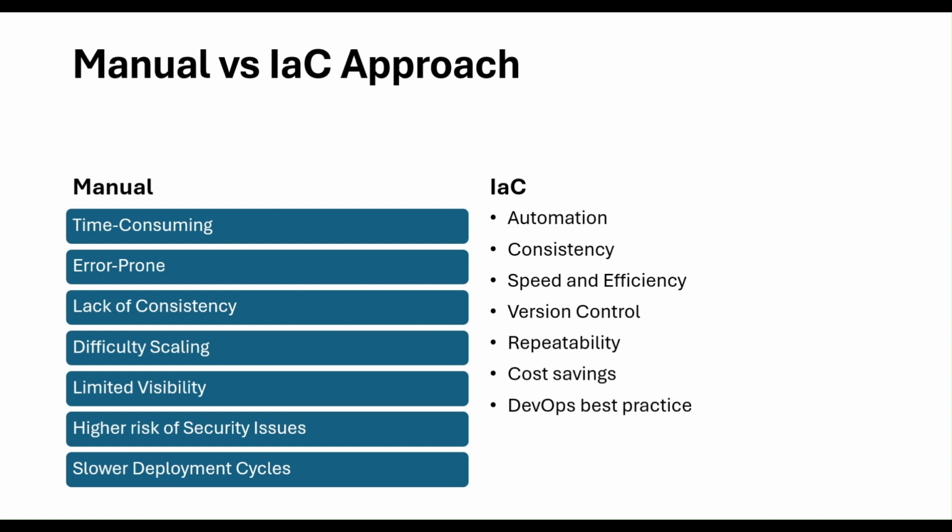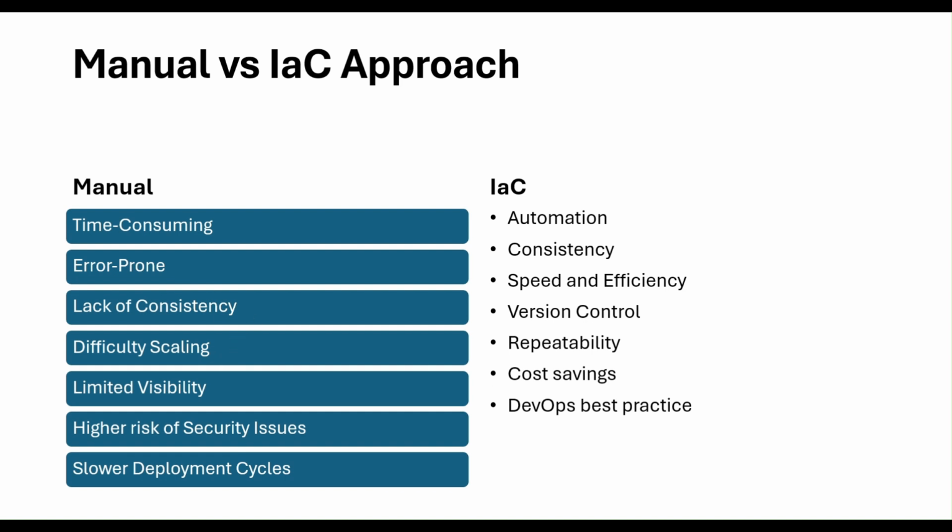So if we draw a contrast between manual and infrastructure as code, in traditional IT, setting up infrastructure meant manually logging into a server and running commands. That would be like doing something without a plan, just going into the server and running commands, and that makes it slow, error prone, and time consuming.